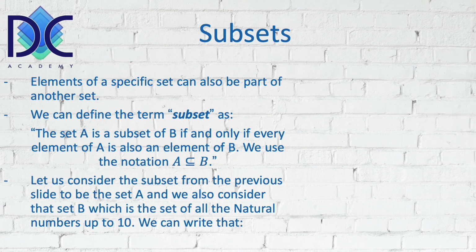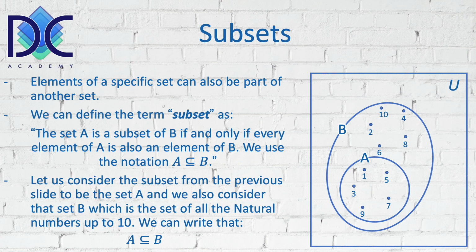Now let's have a look at the set we've seen before, and we consider another set B, which contains all the natural numbers up to 10. I didn't include 0, so now we see that the set B basically has the numbers from 1 to 10.